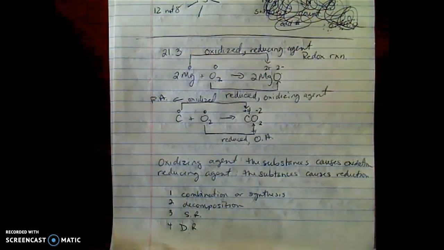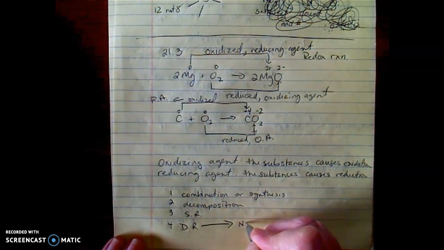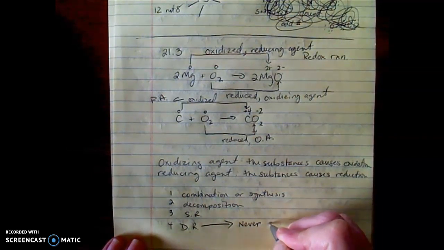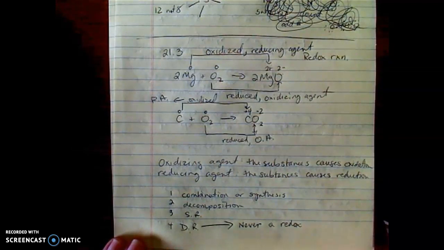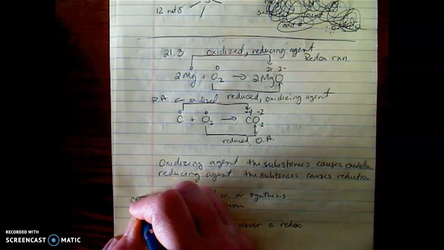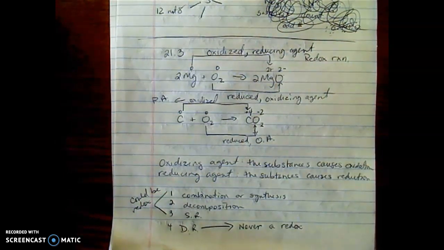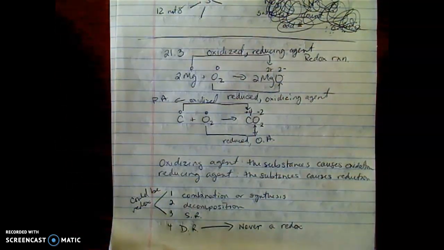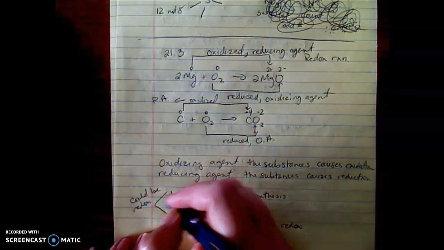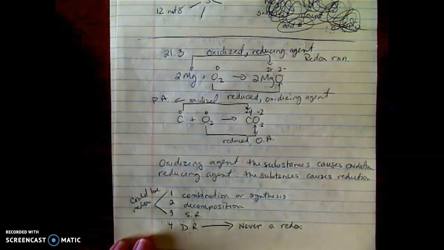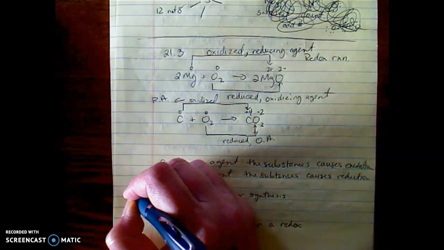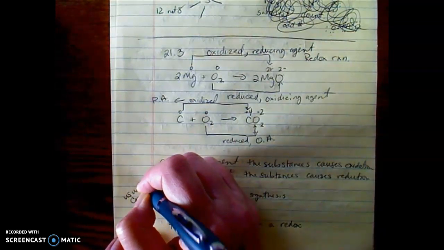Because they're just switching places, their oxidation states do not change. So your double replacement is never a redox, ever. The other three could be redox. So if you see a double replacement reaction, then you know for sure it is not a redox. And when I say could be, it's probably better to say usually will be redox.